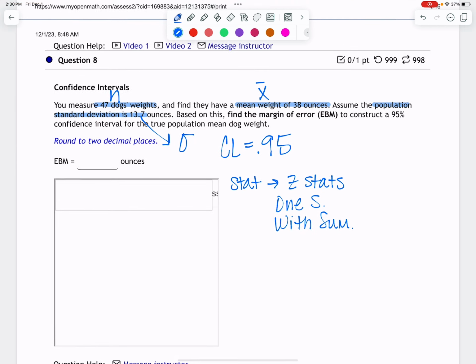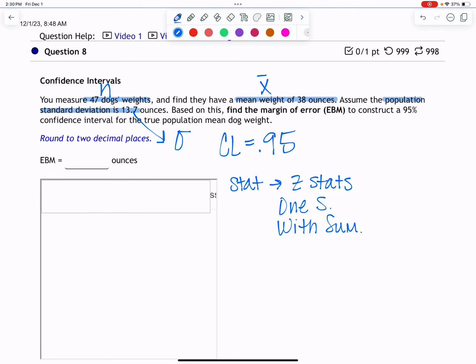So we had a sample mean of 38. The standard deviation of 13.7. And a sample size of 47. Now we're not doing hypothesis testing, we're constructing a confidence interval, so make sure you select confidence interval for mu. It's already set to 0.95, so I am going to compute.